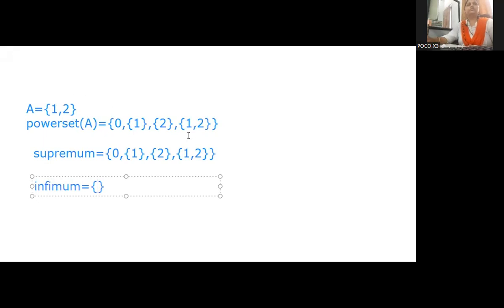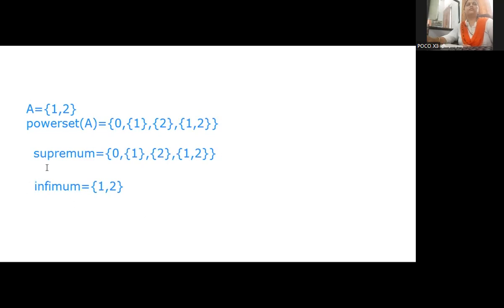Because this is the only common element in these two sets. So 1, 2, this is the infimum. Getting? A and power set of A. The supremum, that is least upper bound, that is union, will be like this. And infimum, that is greatest lower bound, will be like this set 1, 2.